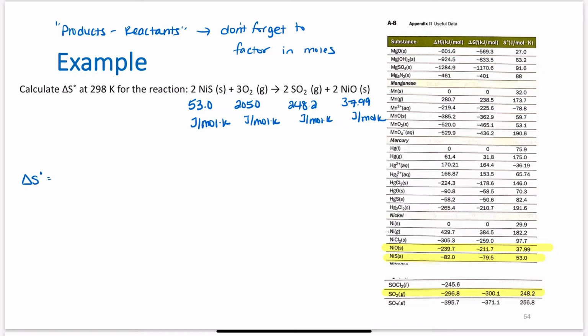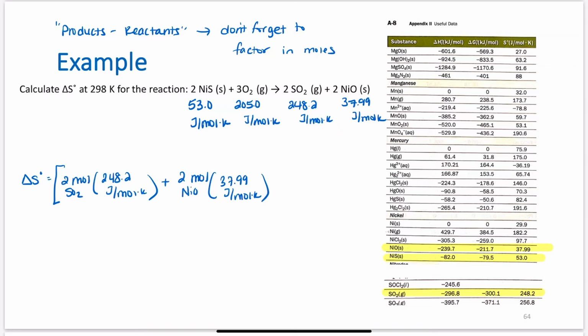Delta S, 2 moles, my SO2, times 248.2 joules per mole K plus 2 moles nickel oxide, 37.99 joules per mole K, and I'm going to run out of room.